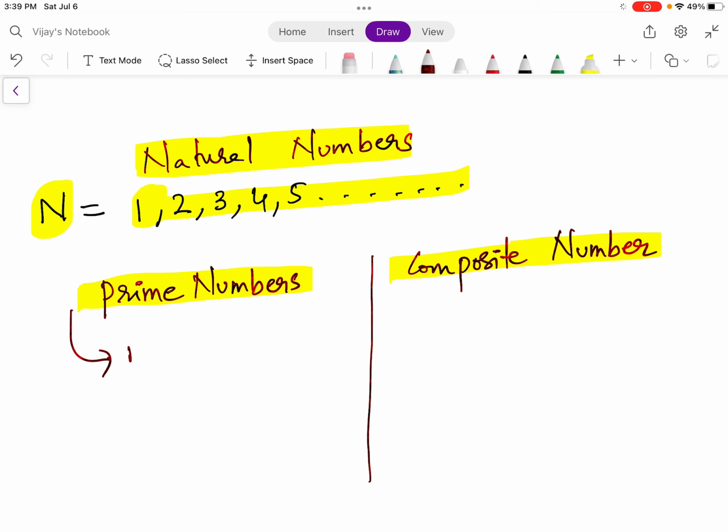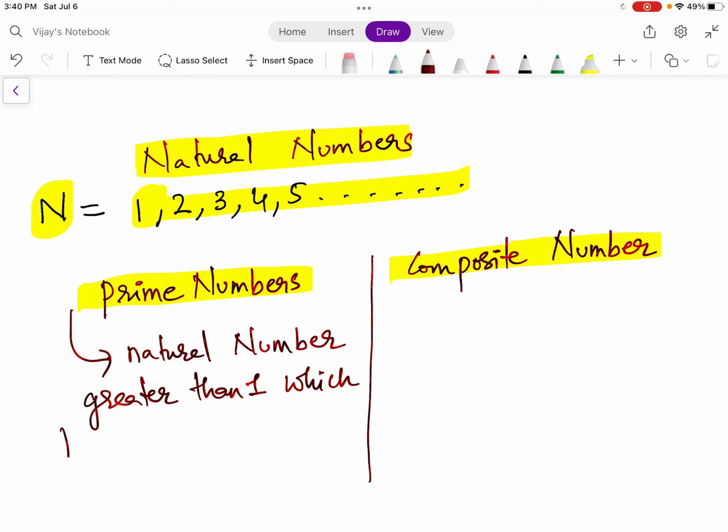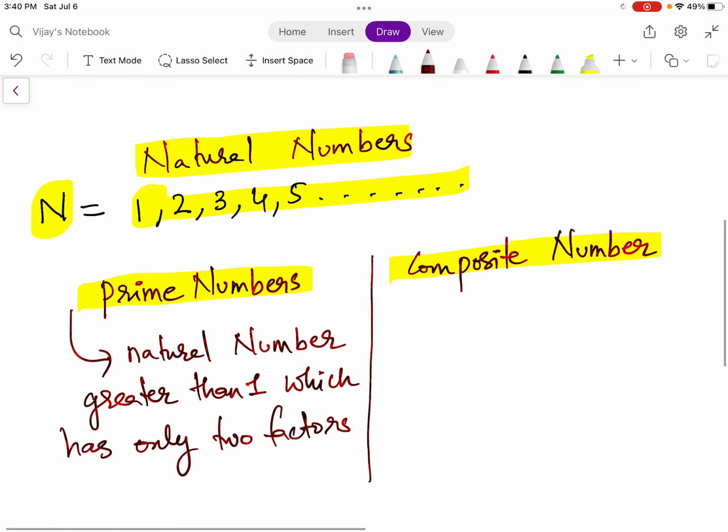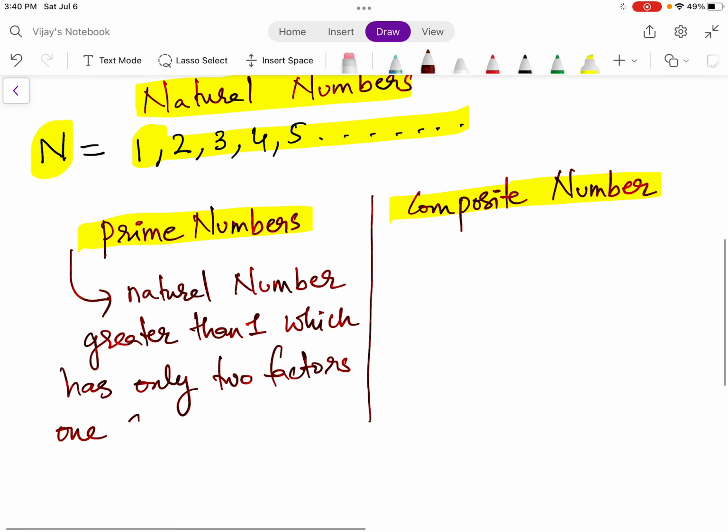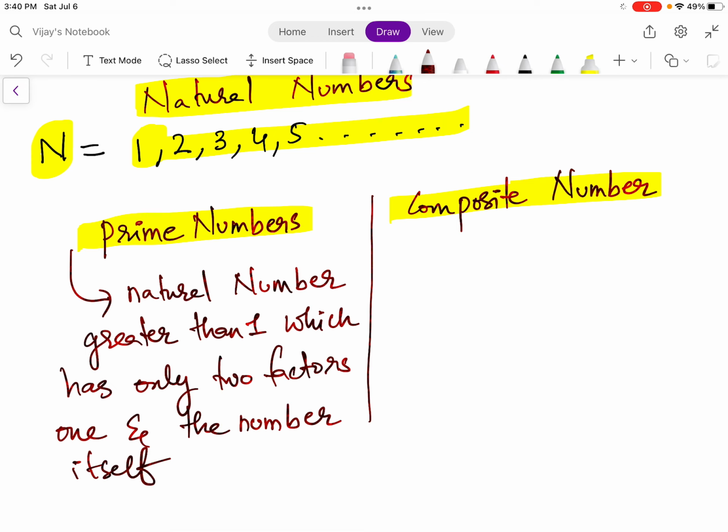Prime numbers are natural numbers greater than 1 which have only 2 factors. What are those factors? 1 and the number itself. This is the definition of a prime number.